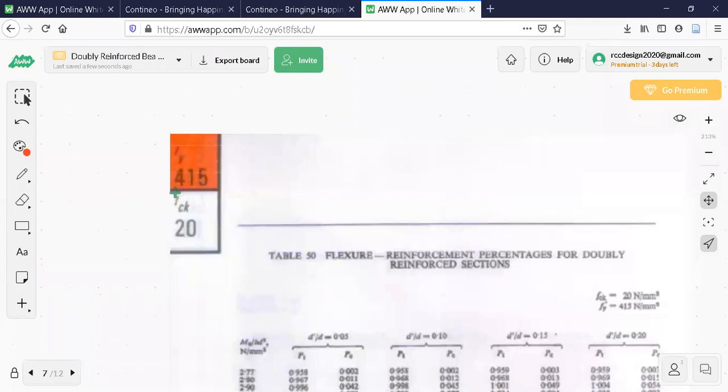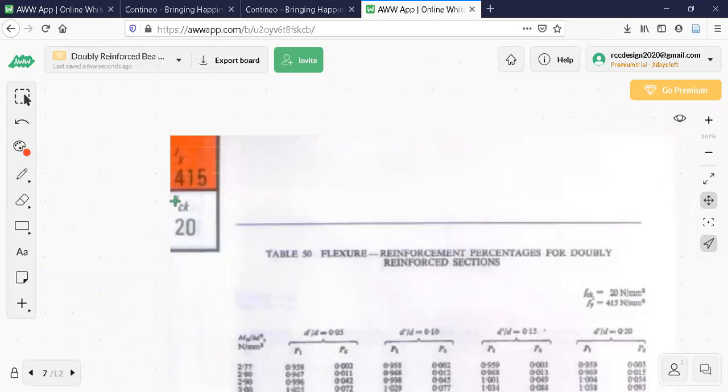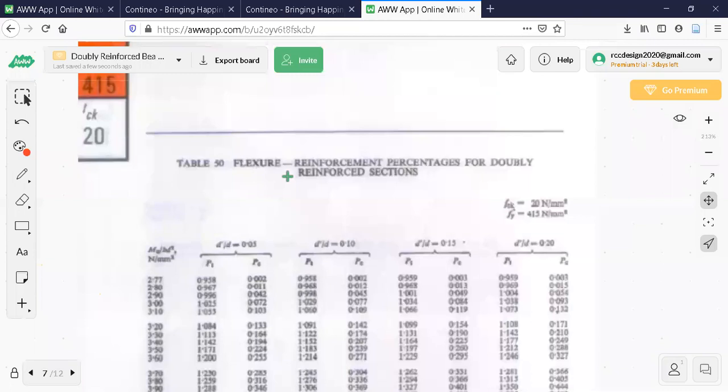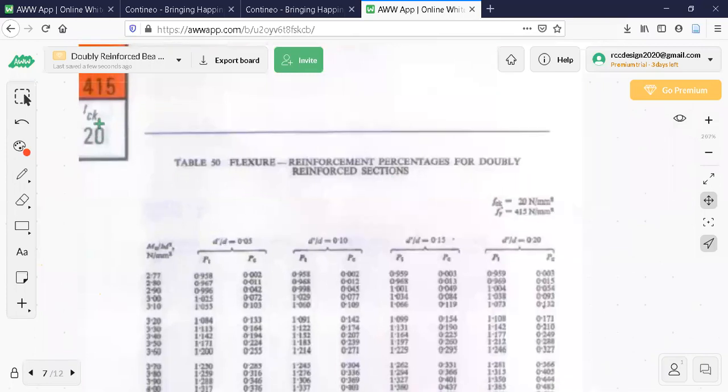If the combination is different, the table will be different. Since it is clearly given, use Fe415 and M20 concrete. That is why I have opened this table 50, and clearly read this one. Flexure means bending, reinforcement percentage for doubly reinforced sections. So the first condition is the material combination, whether it matches with whatever is given in the data or not.